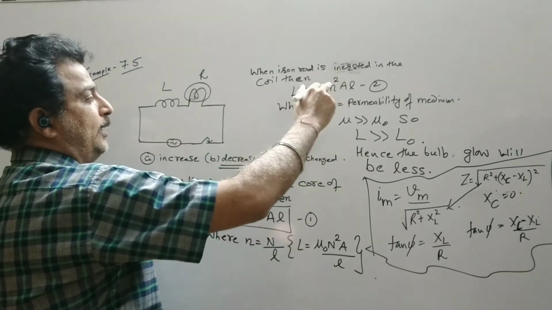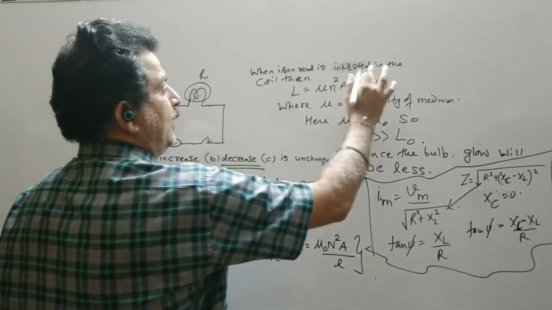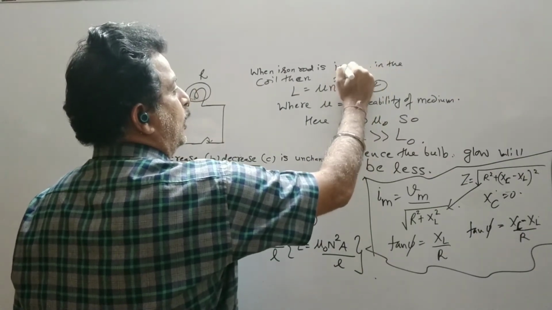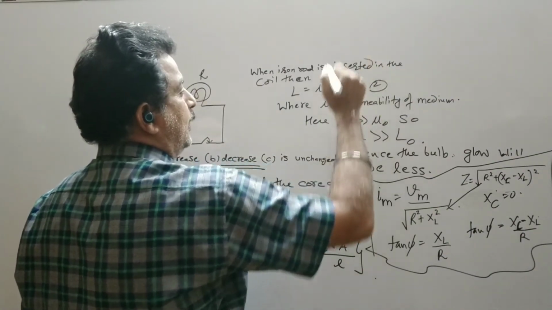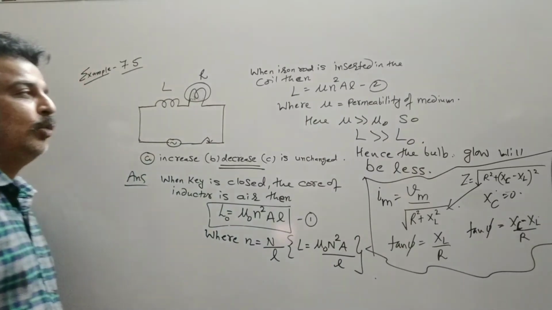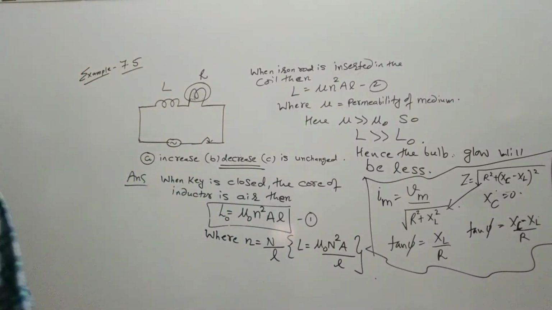So when the iron rod is inserted in the coil, L is equal to mu n square AL, where L is greater than L naught. Or you can also say the magnetic field inside the inductor will increase, and so the brightness of the bulb will decrease.